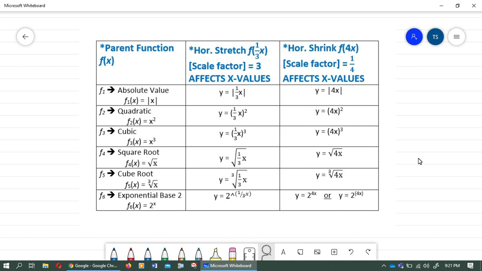So guys, we're going to look at a general form for what that might look like.